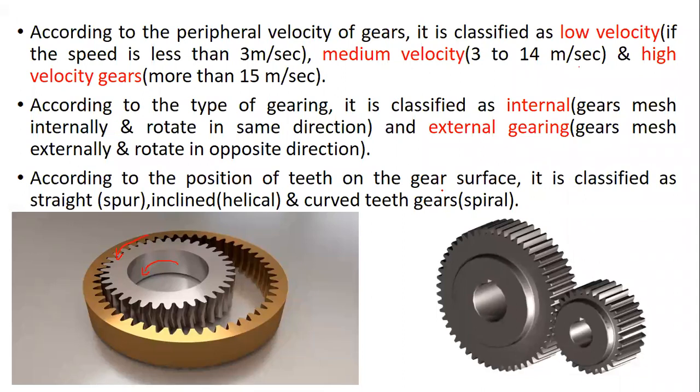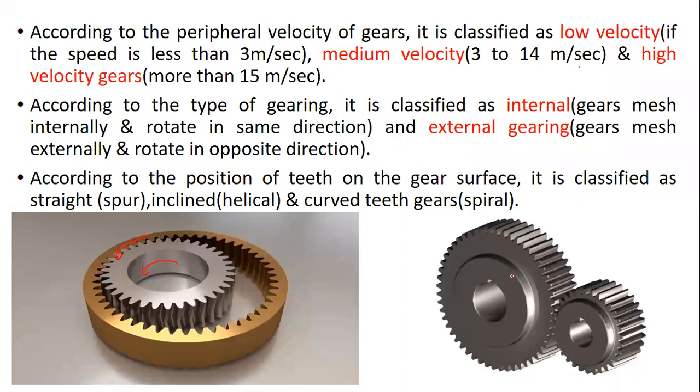And in external, in the second figure which you are seeing, the gear meshings are external, and both will rotate in opposite directions.